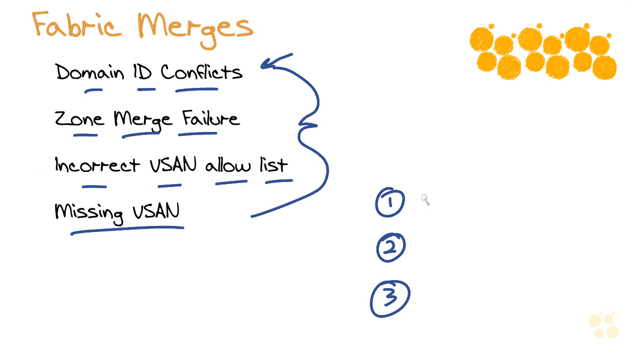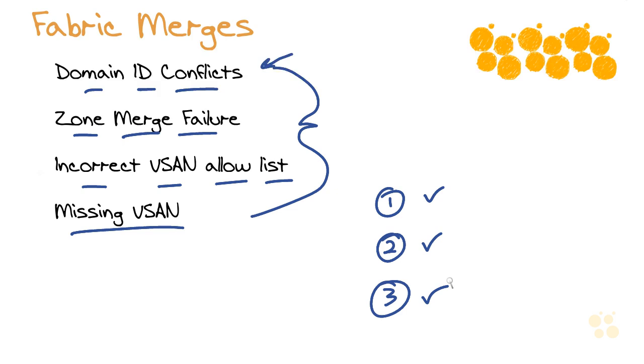You can import the zoneset database of the neighboring switch and replace your current active zoneset. You can export the current database to the neighboring switch, or you could manually resolve the conflict by editing the full zoneset, activating the corrected zoneset, and then bringing up the link.